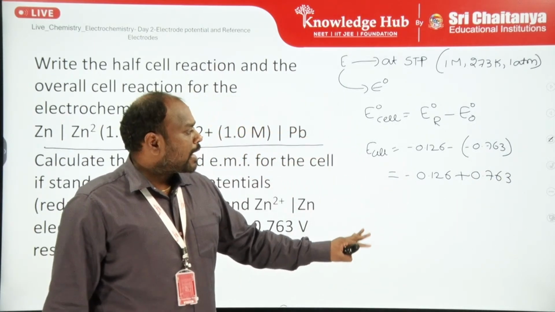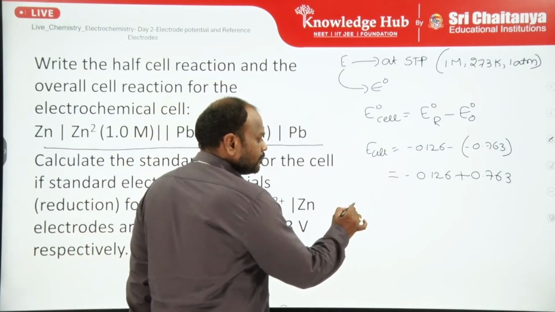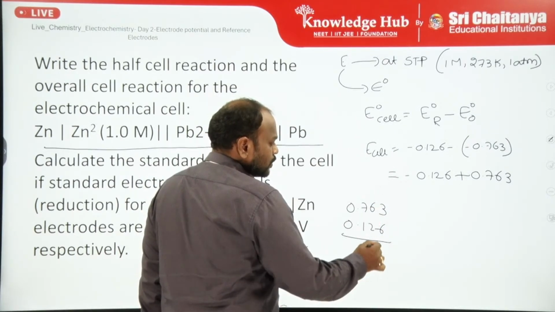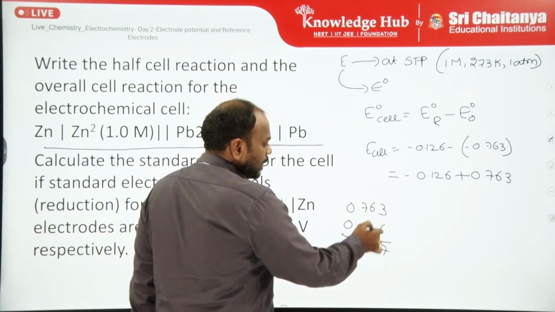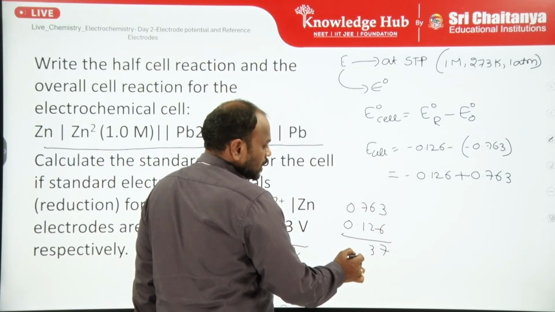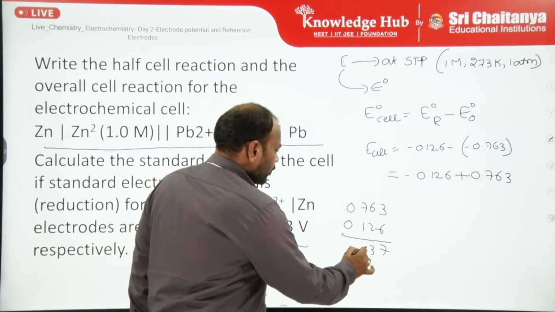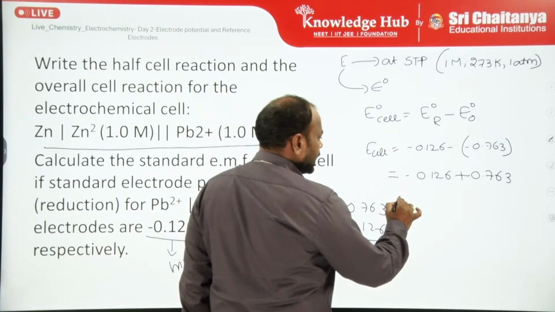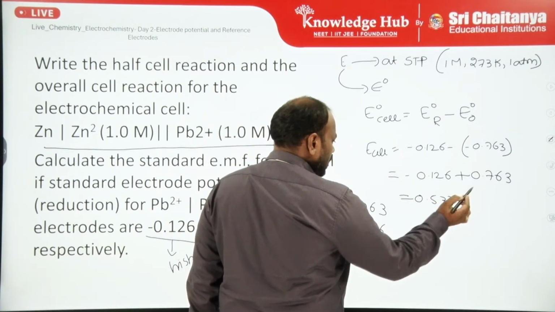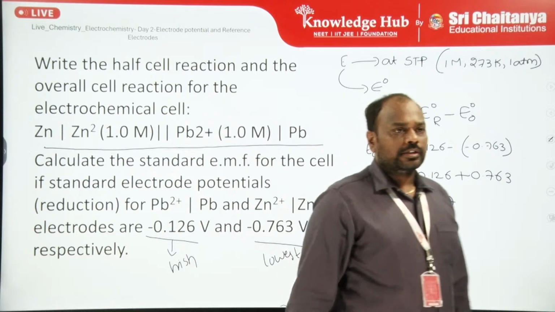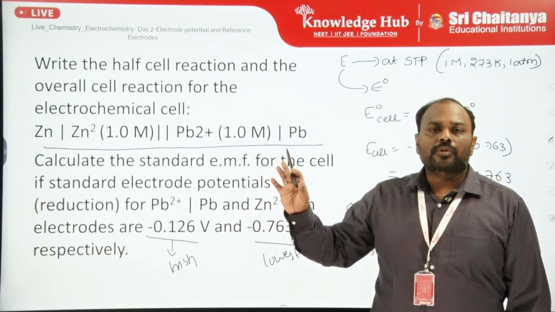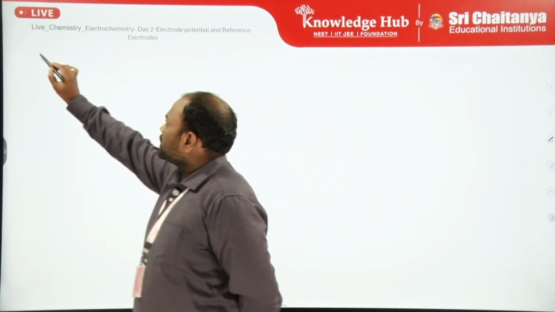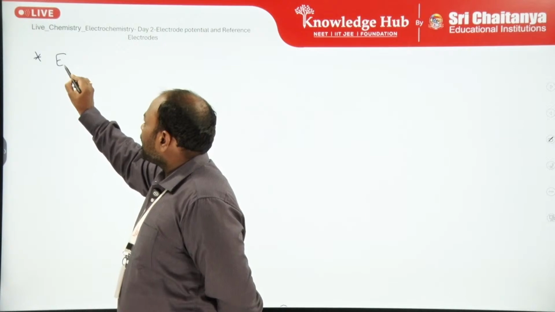If you substitute these values, then you get the answer: 0.763 minus 0.126, so 0.537 we are getting. So in this way we calculate the answer. The highest value is the reduction, the lowest value is the oxidation. Remember this one.